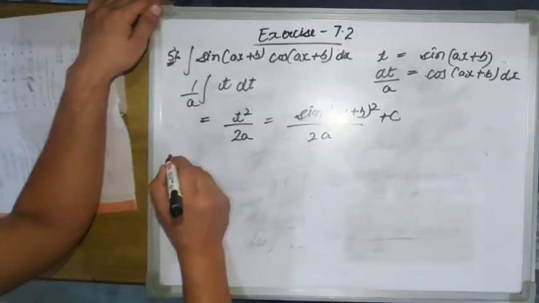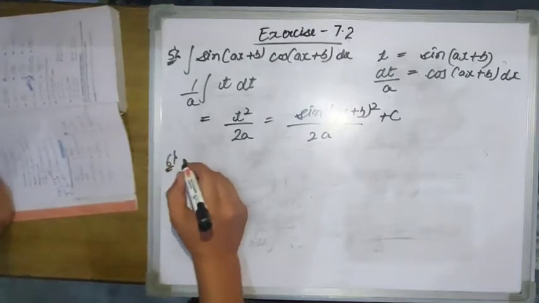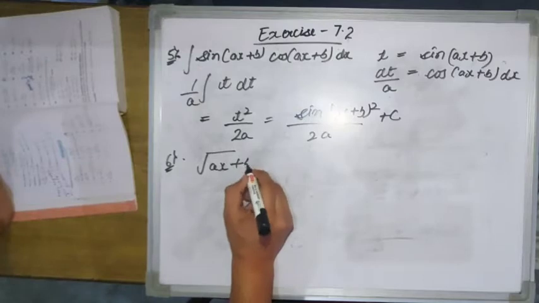Moving ahead to the sixth question, we have the integral of root of (ax+b).